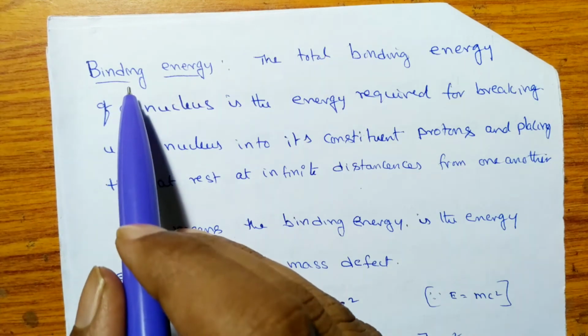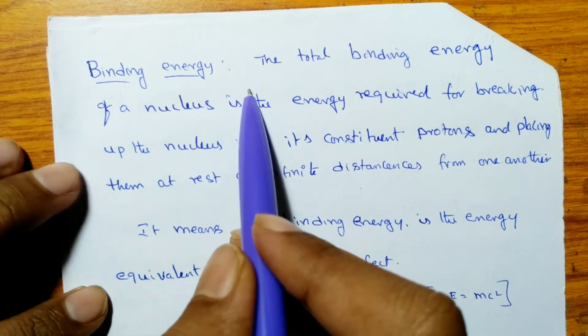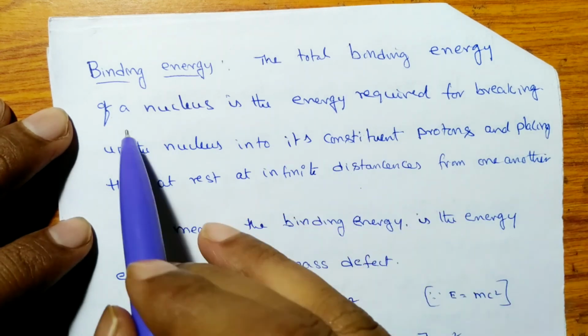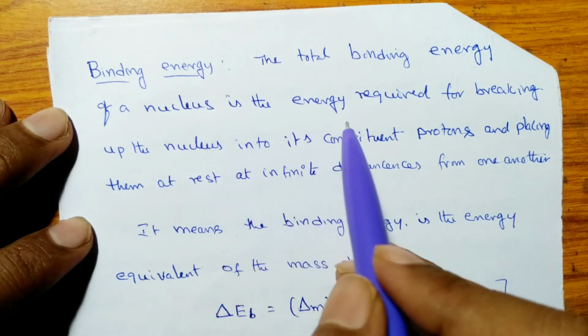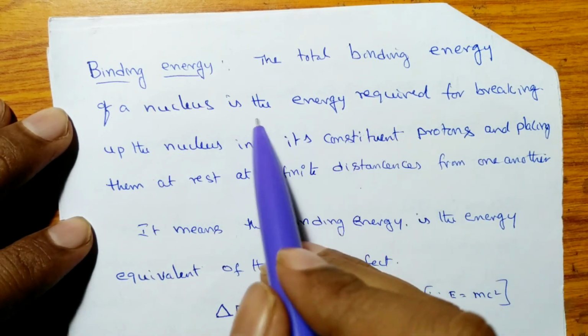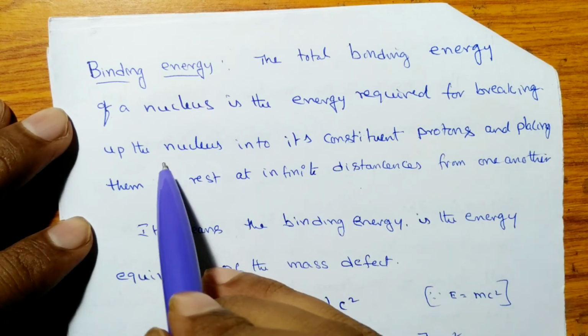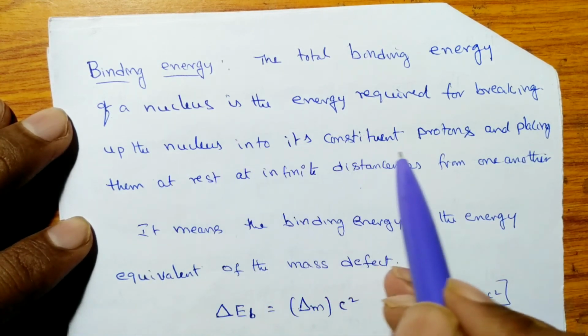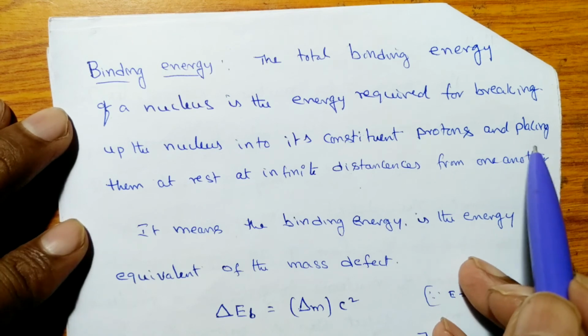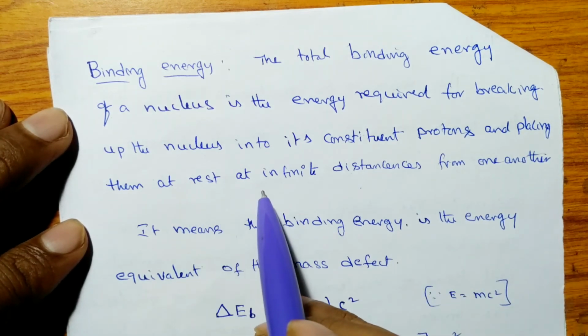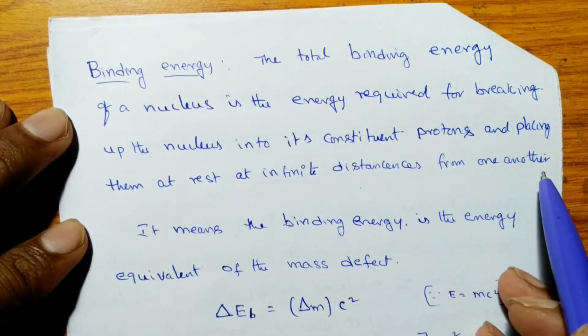Next concept is binding energy. The total binding energy of a nucleus is the energy required for breaking up the nucleus into its constituent protons and neutrons and placing them at rest at infinite distances from one another.